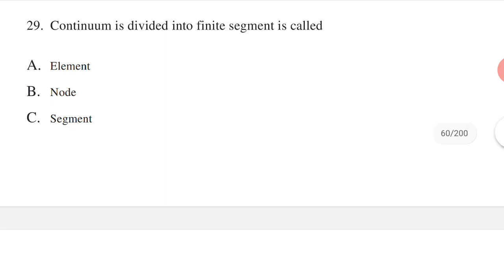The boundaries or ends of the elements or edges of the element are called the nodes.